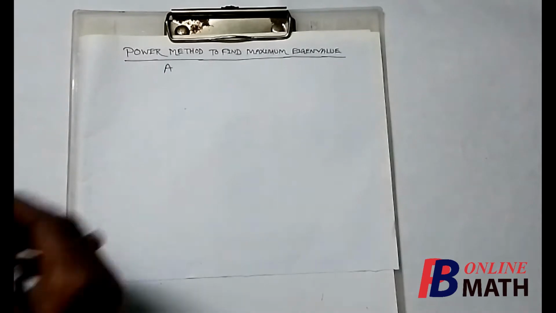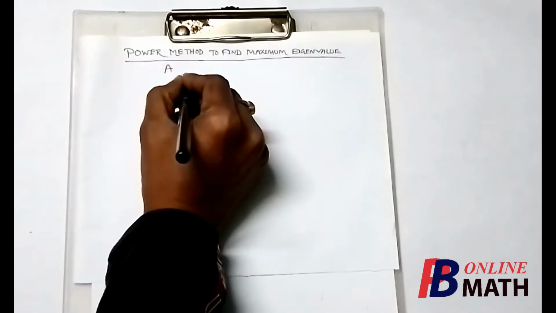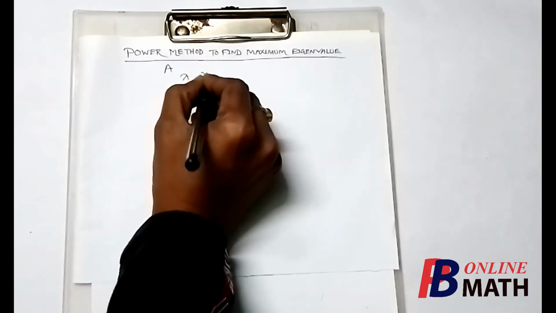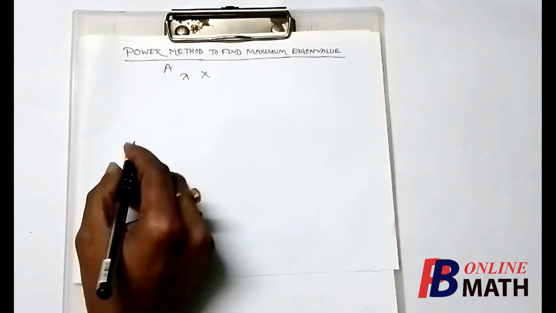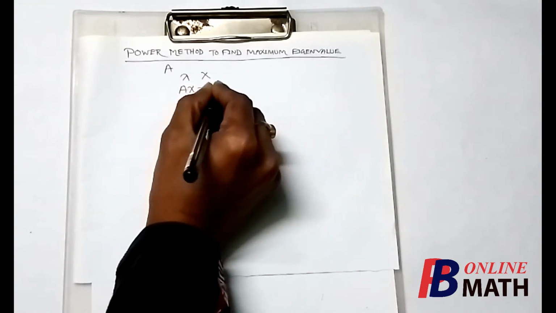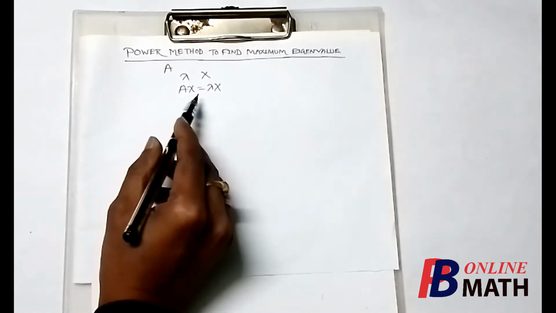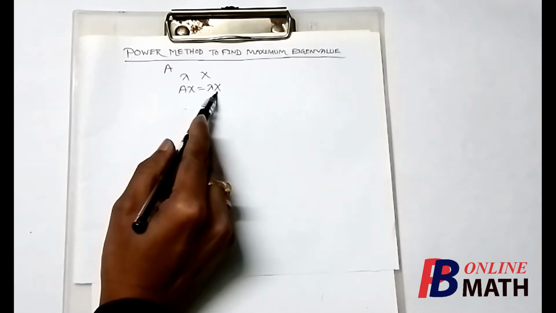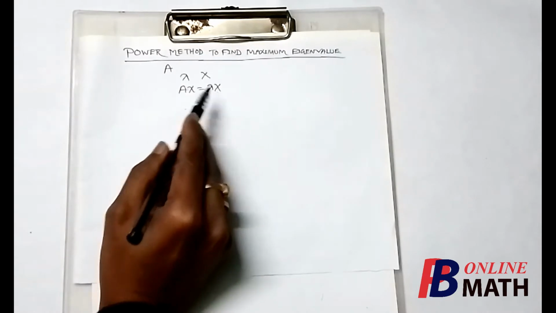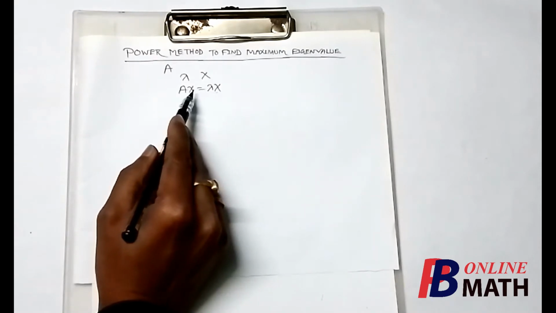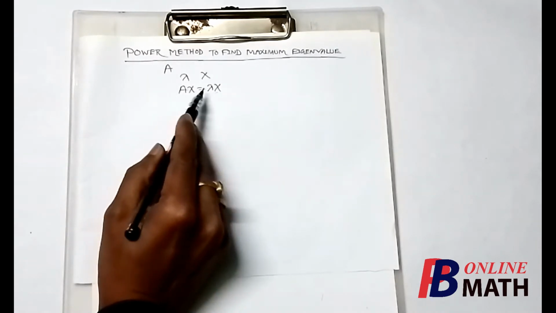So if we assume that lambda is an eigenvalue and capital X is the corresponding eigenvector, then we know that Ax equals lambda x, where lambda is an eigenvalue and x is the corresponding eigenvector. From this definition we can easily find the eigenvector x from the given matrix A and the eigenvalue lambda.